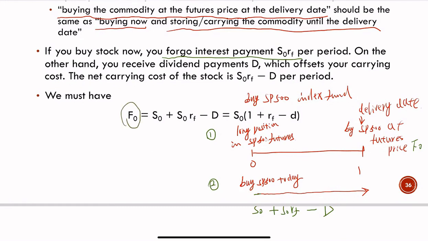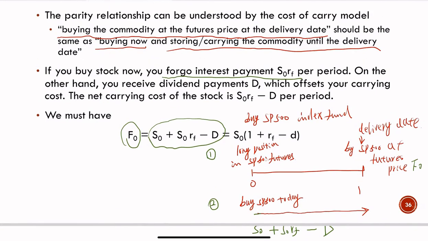F0 is the cost of obtaining SP 500 using futures, and the right-hand side is the cost of buying SP 500 today and holding it in your account for 1 year. Both approaches give you SP 500, so they should cost the same. So we arrived at the same formula using this cost of carry approach.